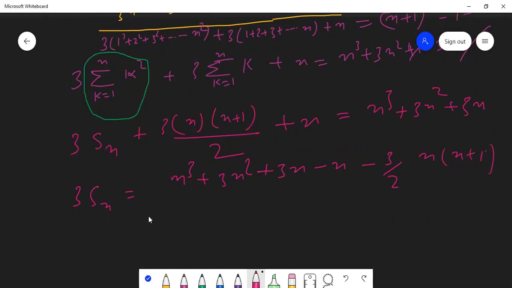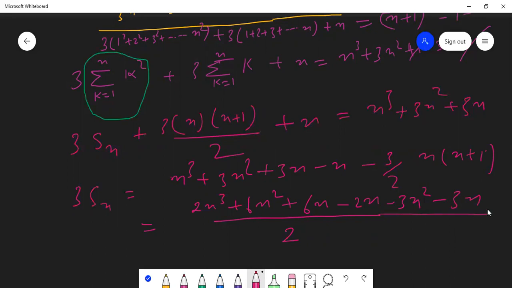Like this. Which is, you can take the LCM 2. 2 is the LCM, so you get 2n cube plus 6n squared plus 6n minus 2n, and this is minus 3n squared minus 3n.